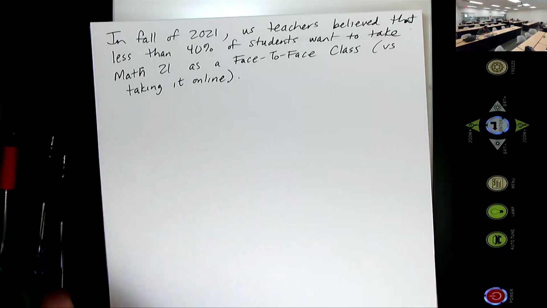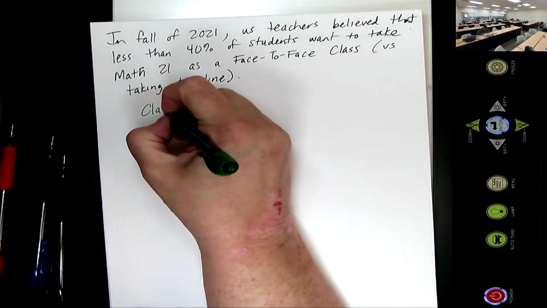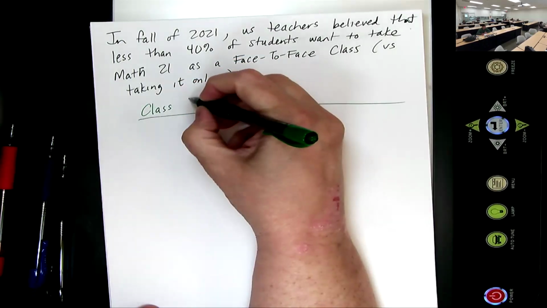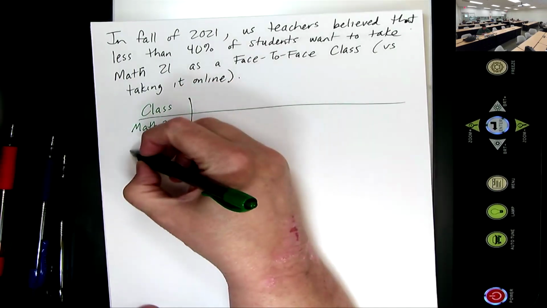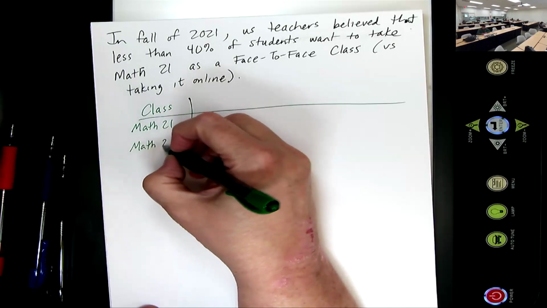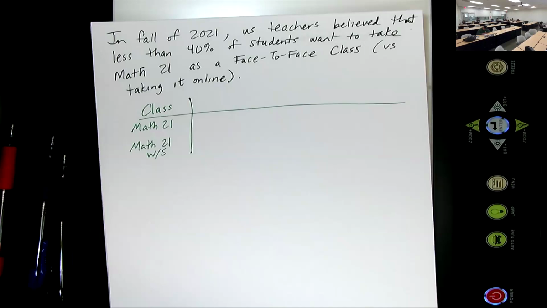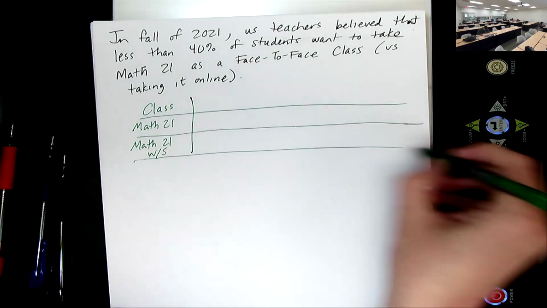And this is the results of who enrolled for what. I'm going to list the class. It was either Math 21 standalone or Math 21 with support, so Math 21 and then Math 21 321.